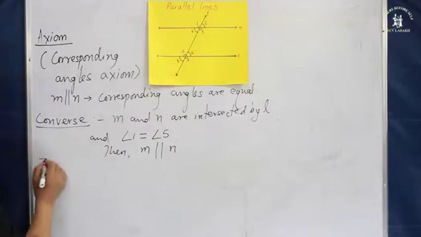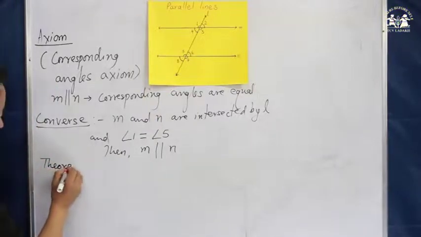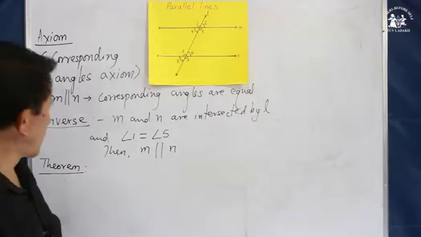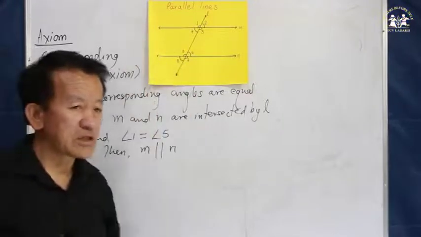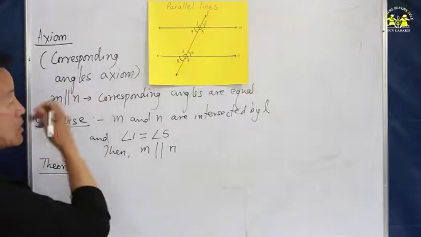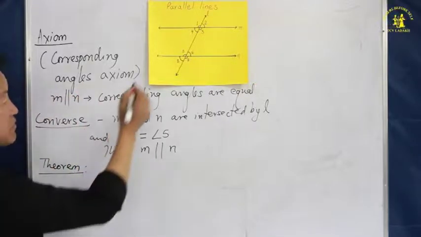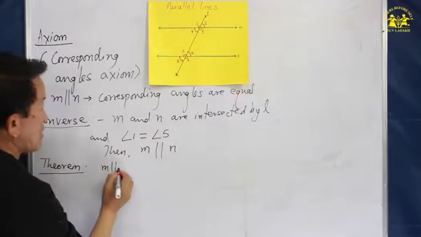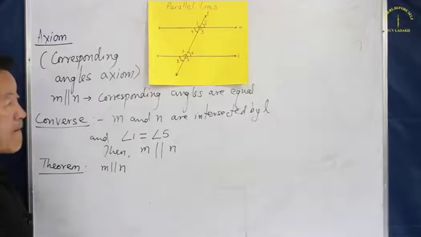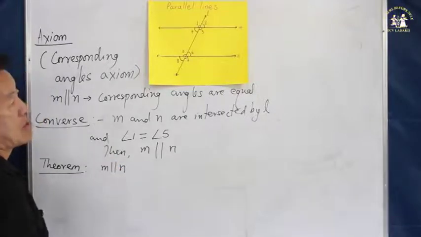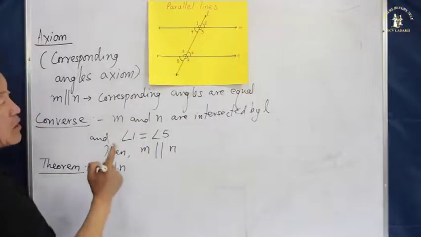Based on these two axioms, we'll try to find some other results. So the first result or theorem. Now we're not going to go into the details of the theorem, but let's see. If line M is parallel to N, right, then what can we conclude?